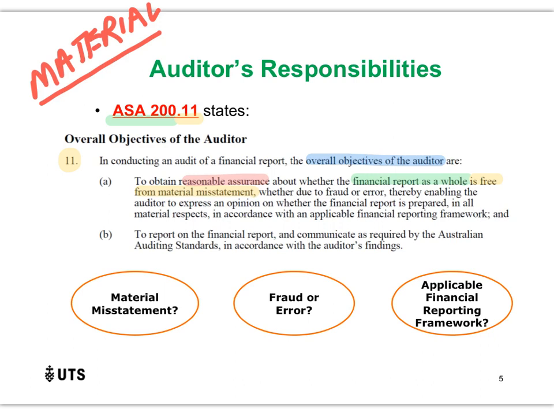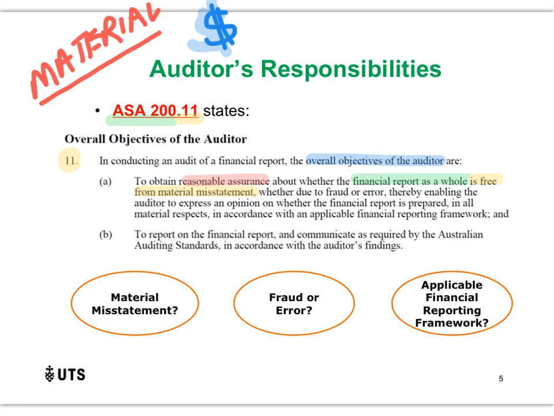Information, or more specifically issues, misstatements, can be deemed to be material, can be deemed to be significant based on their dollar amount. So for example, if I found a $1 million mistake within the financial report, that would be pretty significant, right? So something can be significant based on its dollar amount, so how much it was in numerical or quantitative terms.